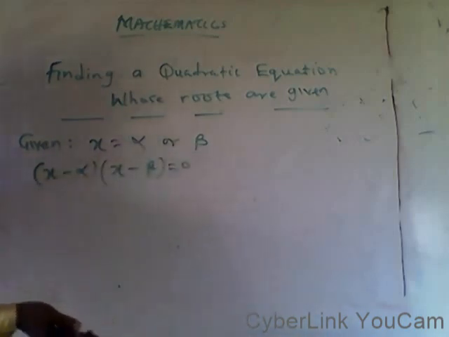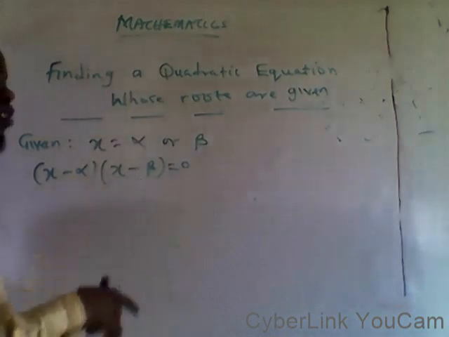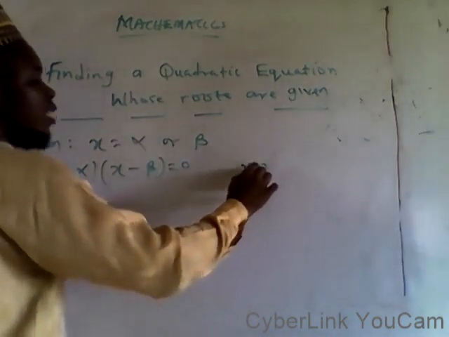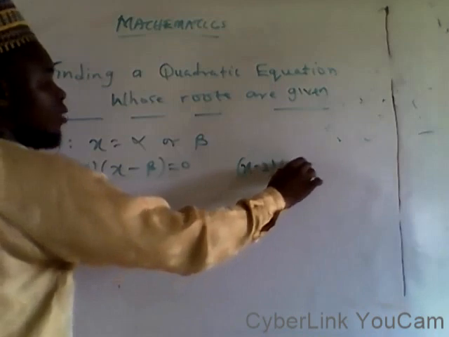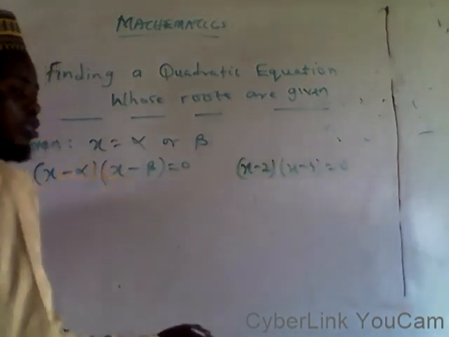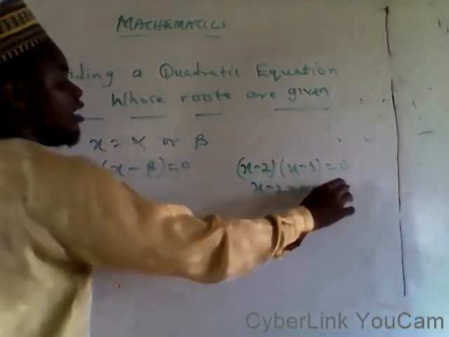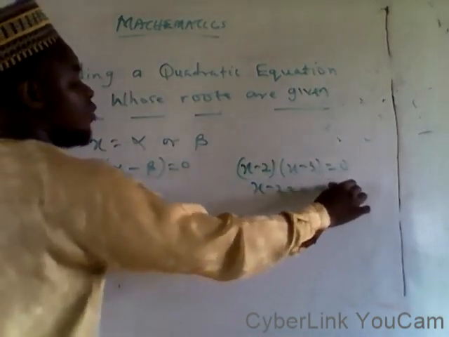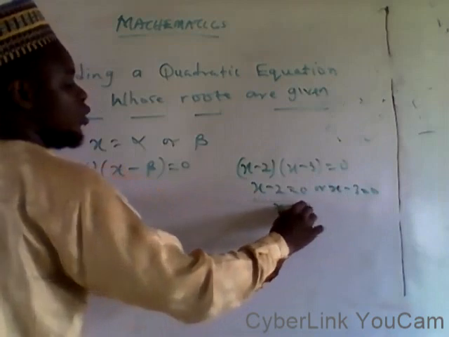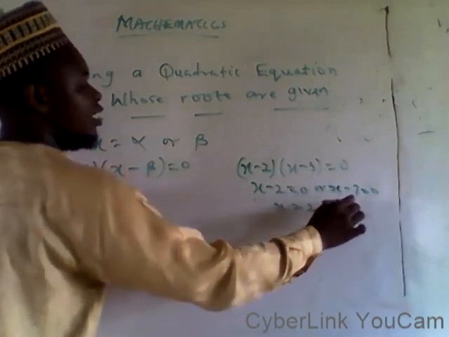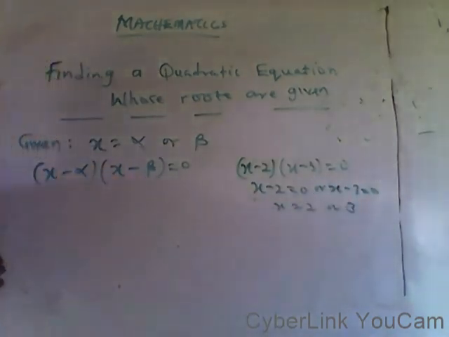You know that, because in the earlier example, when you have x minus 2 and x minus 3 equals 0, you say x minus 2 equals 0 or x minus 3 equals 0. So your x is 2 or x is 3. Do you get that?